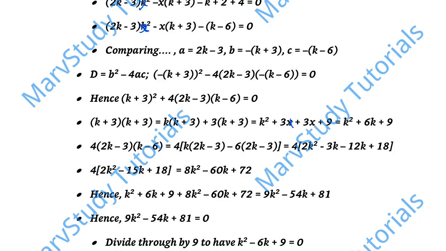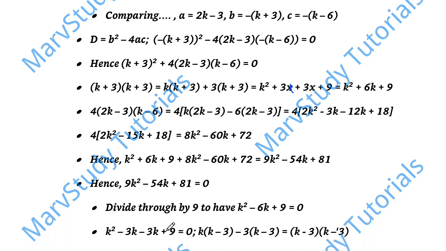Then we can factor this and get the solutions. The two numbers that add to give us −6 and multiply to give us positive 9 are −3 and −3. −3 plus −3 is −6, and −3 times −3 is positive 9.